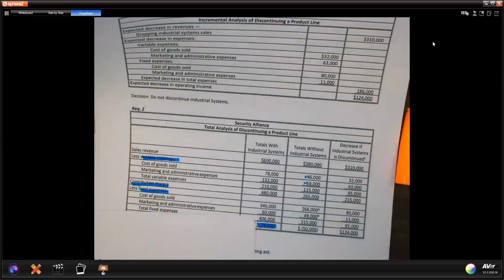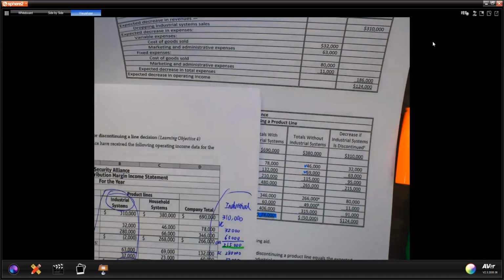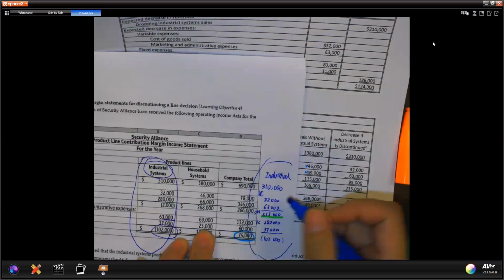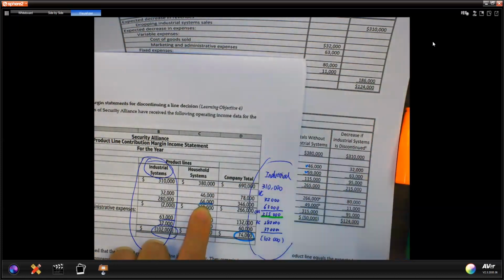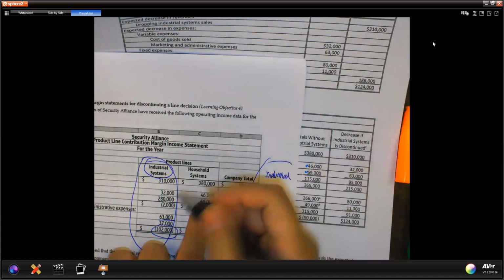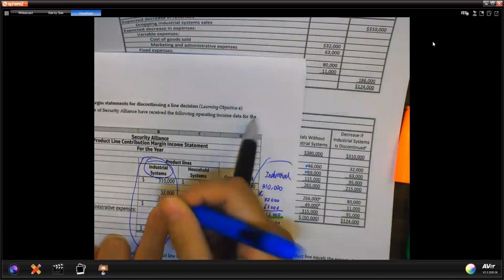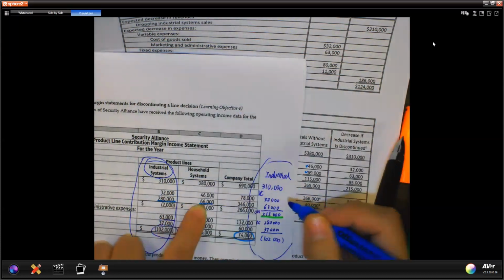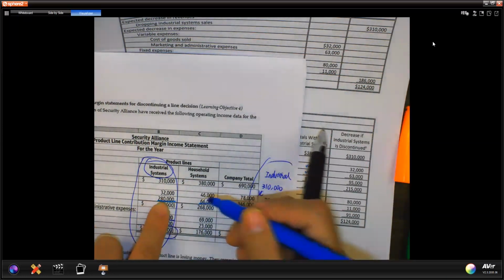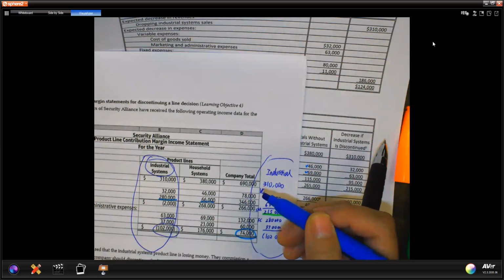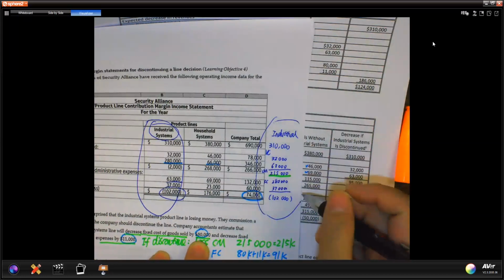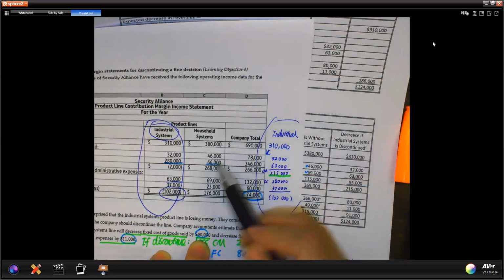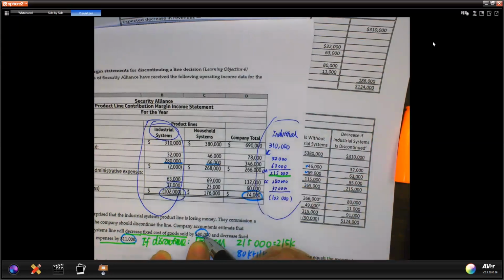And then we minus all the fixed cost. Your household fixed manufacturing is 66,000, and you add your industrial system's 280,000, but you can save 80,000.